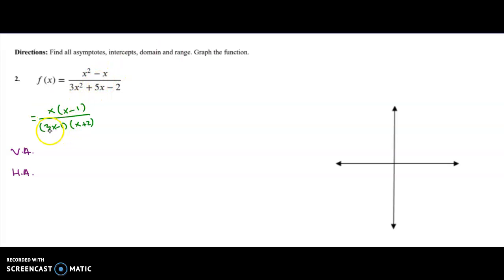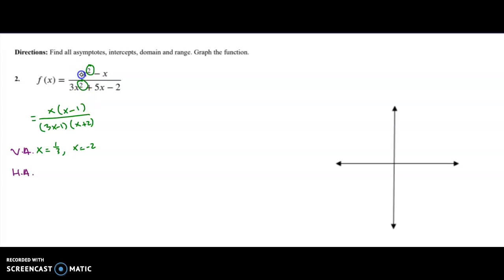The vertical asymptotes come from these factors in the denominator, right? So that's going to be x equals 1/3 and x equals -2. So 2 vertical asymptotes here. The horizontal asymptote, I'm noticing the degrees are the same, right?